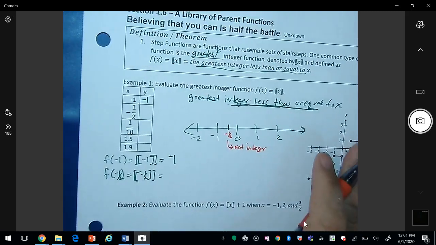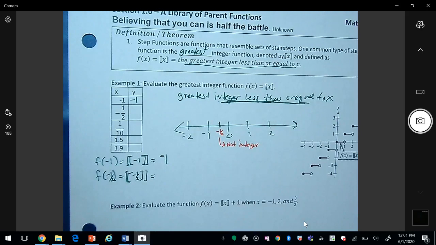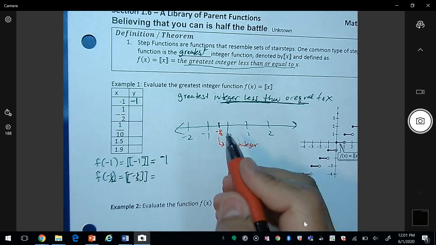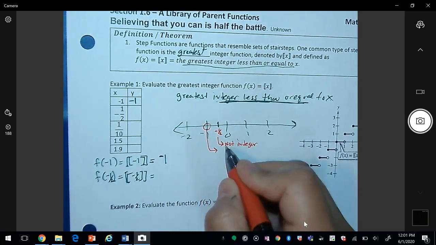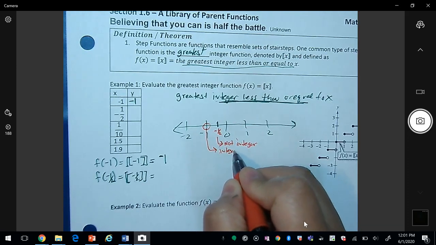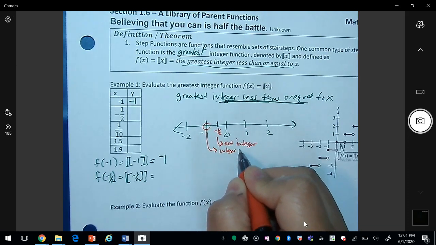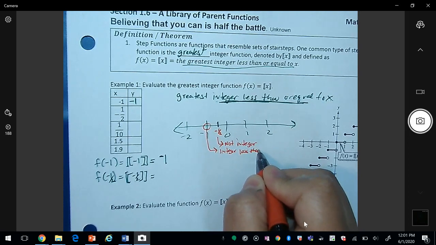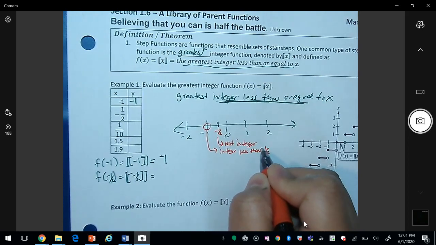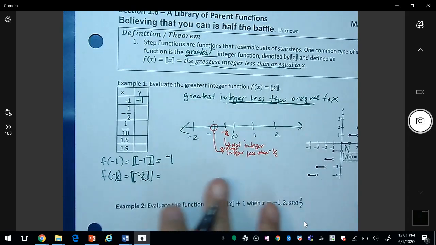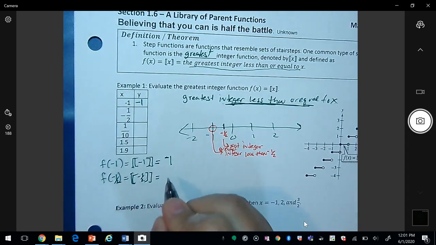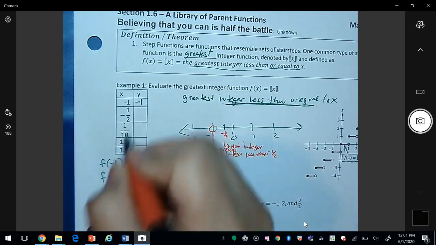And so by definition, we need to get the integer that is less than x. So the integer less than x would be this one here. So this is the greatest integer less than -1/2. So for -1/2, this is going to come out to -1.